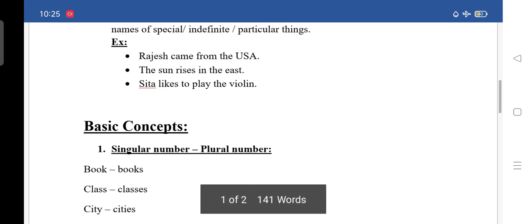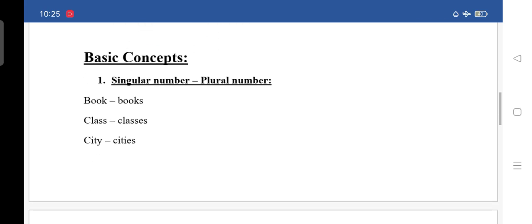So, again coming to basic concepts. Under basic concepts, again you have two types: singular number or plural number, countable noun and uncountable noun. While explaining definite article and indefinite article, I told you that we'll be having countable noun and singular countable noun.